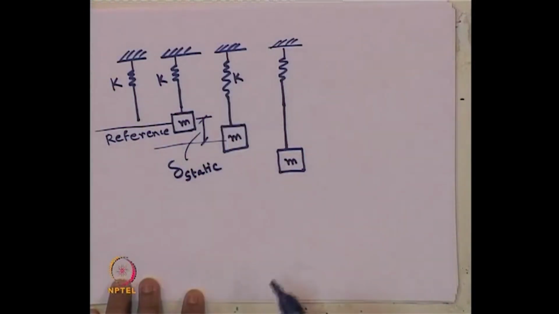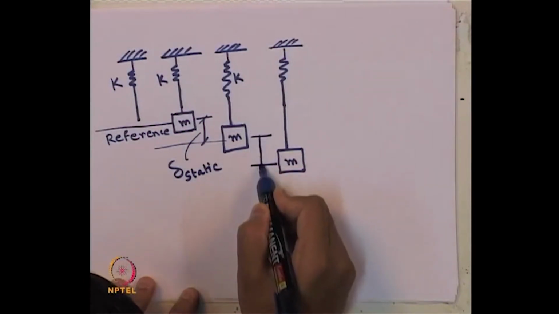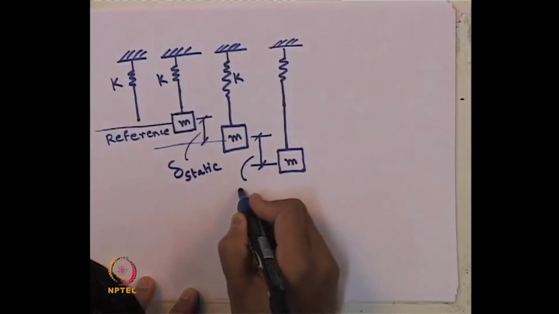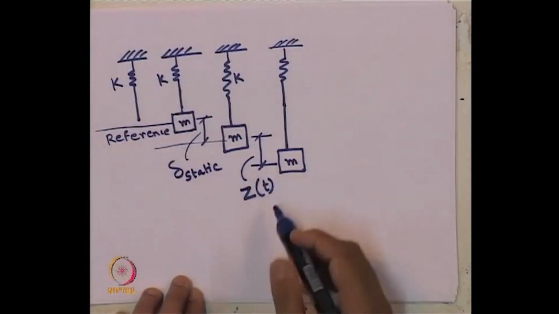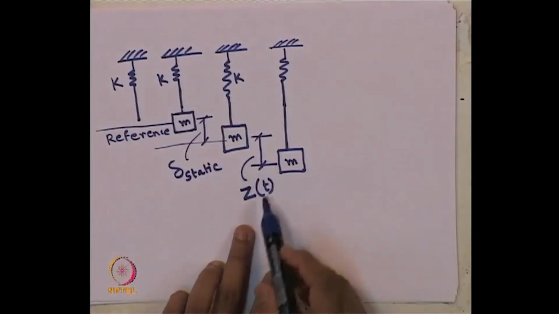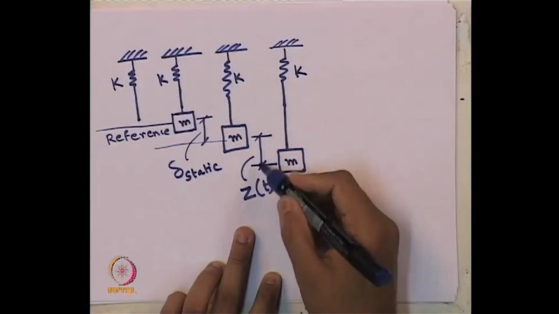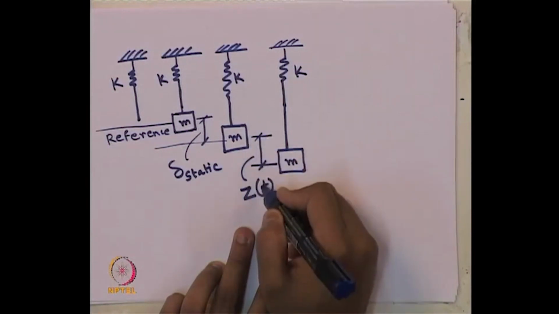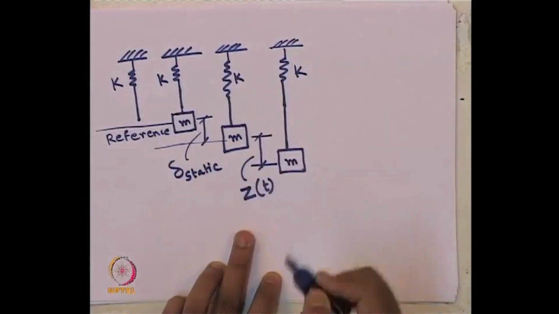From this line to this line, let us define this as z of t. This component is the dynamic displacement. This is the single degree of freedom we are considering, because at any point of time this z of t will in one instance come down, and in another instance go up. So, about this line it is vibrating.